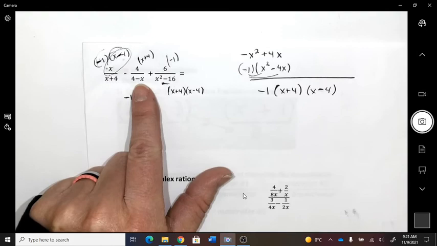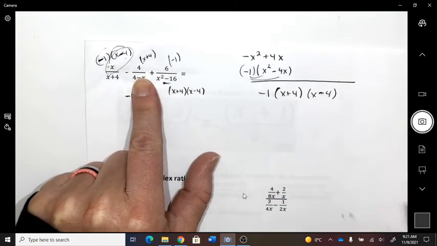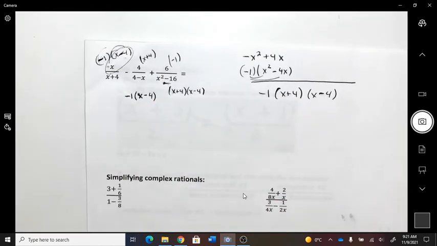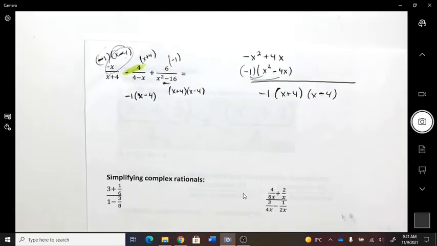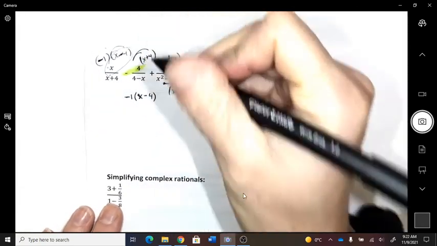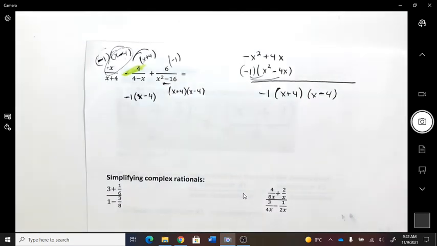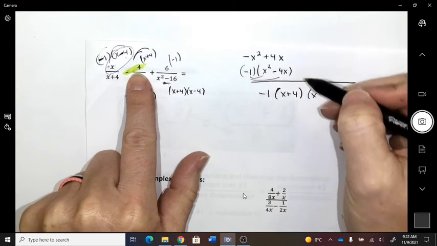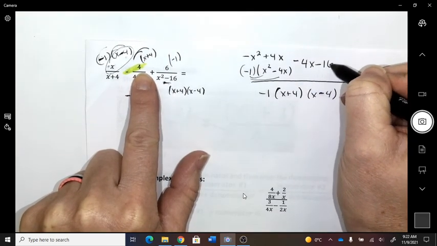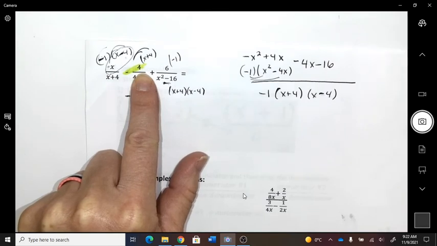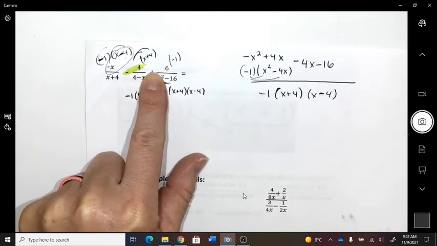Okay, next fraction. Do not forget that you're putting a negative 4 through. When you're multiplying like that, it's a negative 4 going through. So what's that going to come out to be? Negative 4x minus 16. Okay, is that okay?